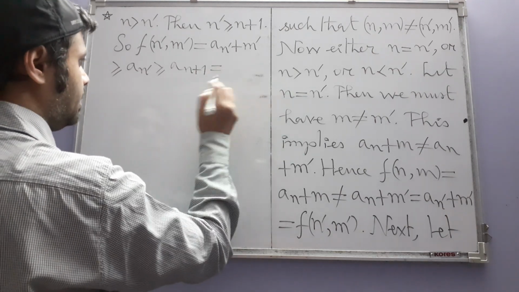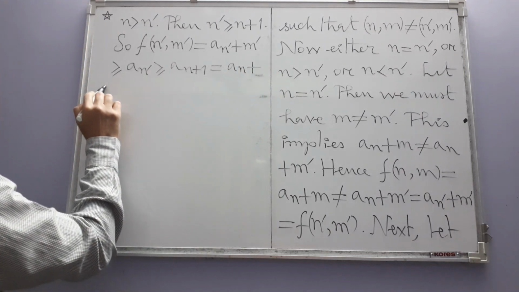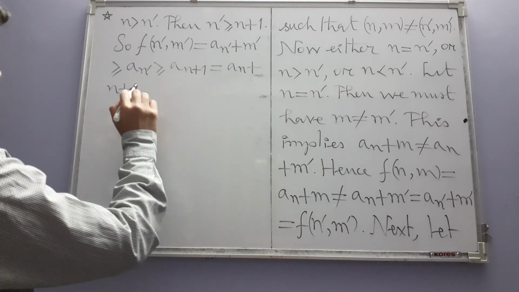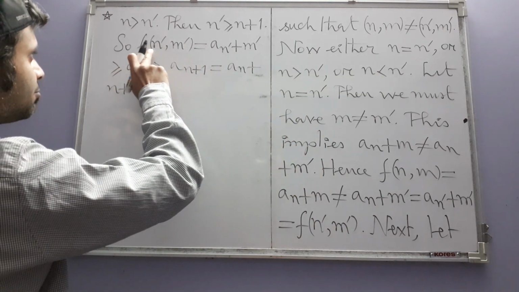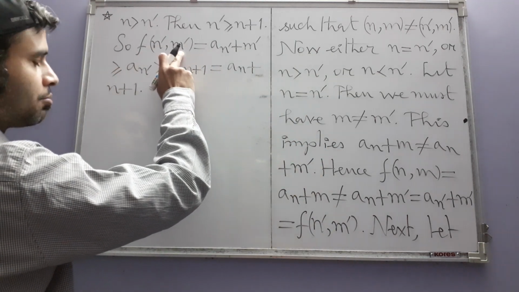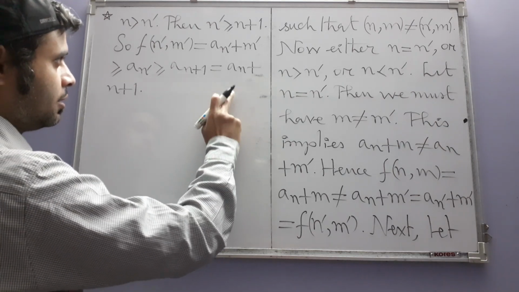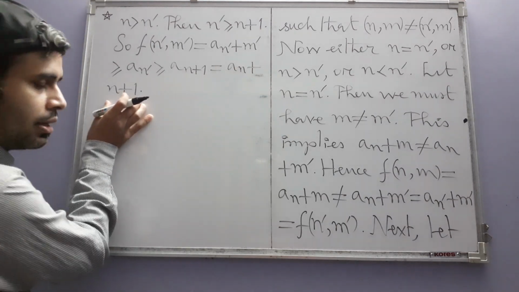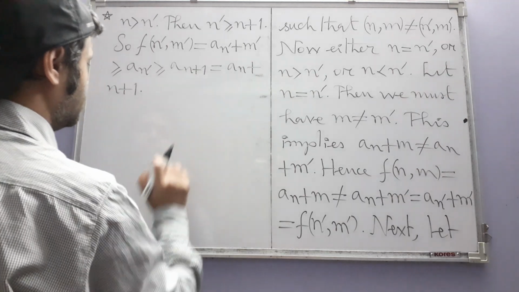And now you again use the definition of our sequence. This is an plus n plus 1. Now we started with f of n prime comma m prime. We somehow need f of n comma m on this side. A part of that we have already got, an, but we need m here somehow, maintaining the direction of the inequalities.